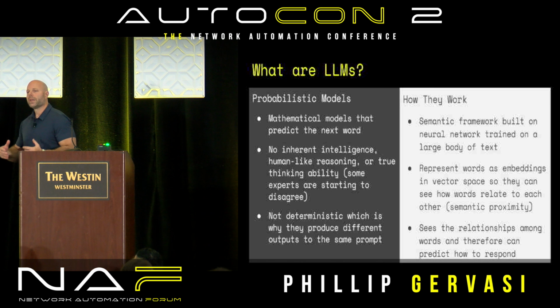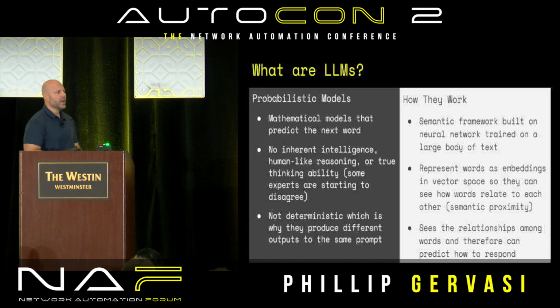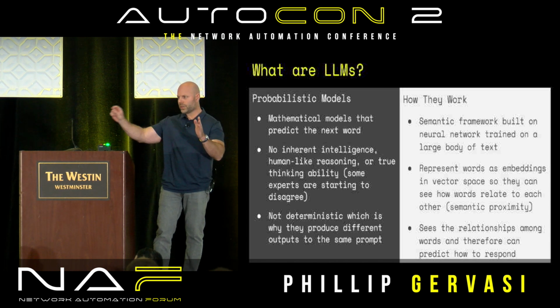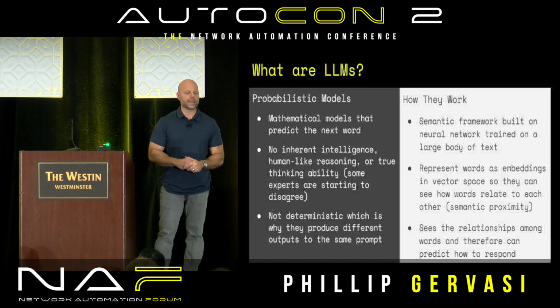In our case, we're talking about the most likely next word or many words in a very long sequence. So when you type something into ChatGPT and you see it produce line by line, but technically word by word very fast, that's what it's doing.